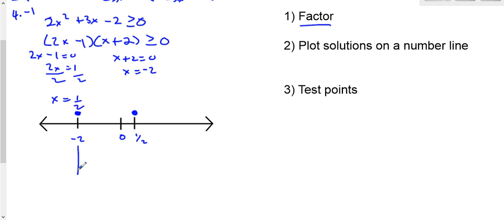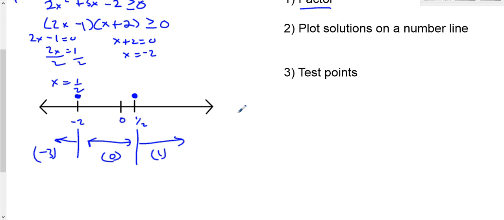So my separations are here. Any value to the left of negative 2, let's say negative 3. So I'm going to test negative 3. Any value between negative 2 and 1/2, so I'm going to test the value 0. And any value to the right of 1/2, so I'm going to test the value of 1.